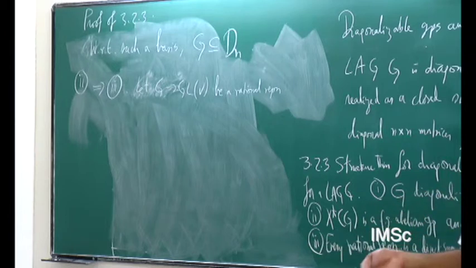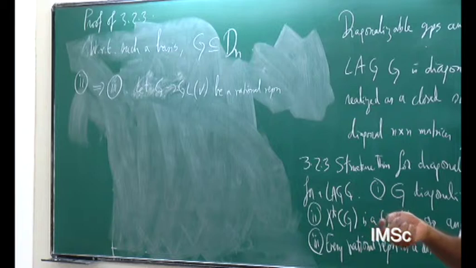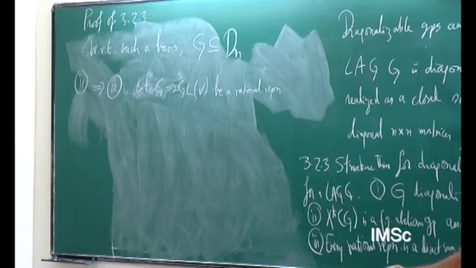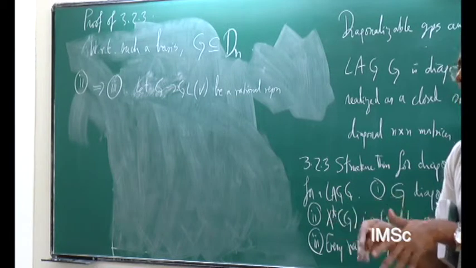That's more natural than breaking it up into one-dimensional spaces, because those one-dimensional spaces are not unique, but the eigenspaces are unique. So it's natural to try and break up into eigenspaces. That's a canonical decomposition.